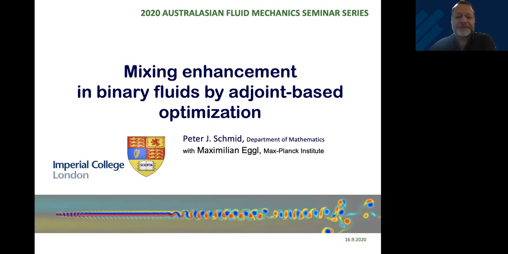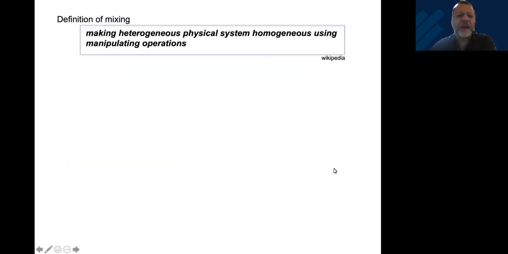So let me just start out with a definition of mixing, because it's very important to understand what we actually mean by mixing. If you look up Wikipedia, you get the following definition. It's making a heterogeneous physical system homogeneous using manipulating operations.